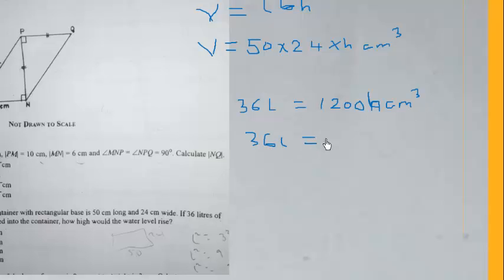Any of them will give you the same result. So this will give us 1.2 times 8 liters. Now dividing through by 1.2 L, we get the height to be equal to 30 centimeters.